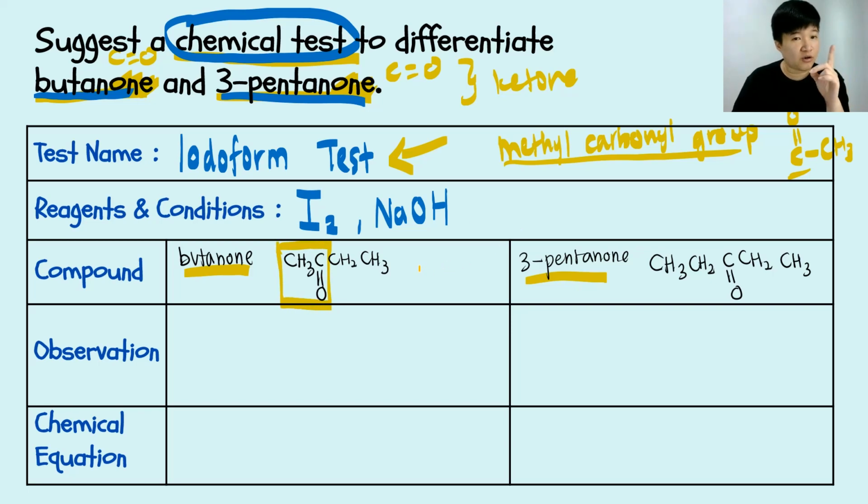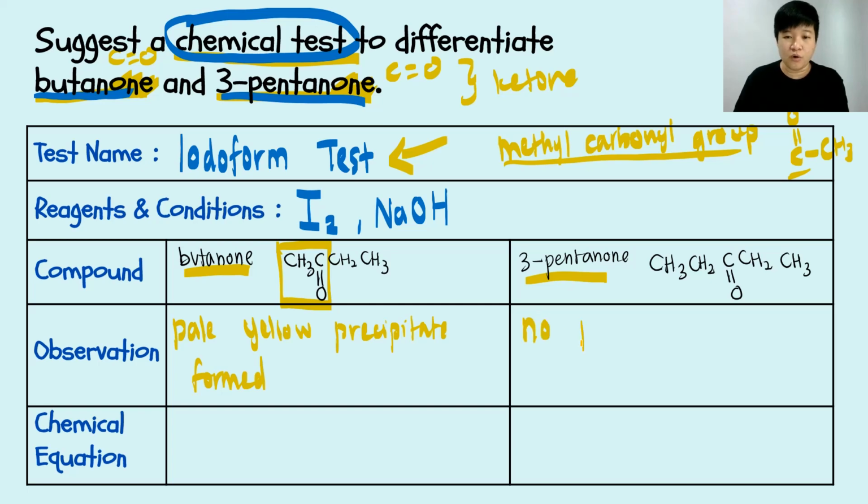So your butanone will be the one with positive iodoform. Positive iodoform means what? Pale yellow precipitate forms. While for the 3-pentanone, where you don't have the methyl carbonyl group, therefore no pale yellow precipitate forms. Easy? Same thing as the previous iodoform.